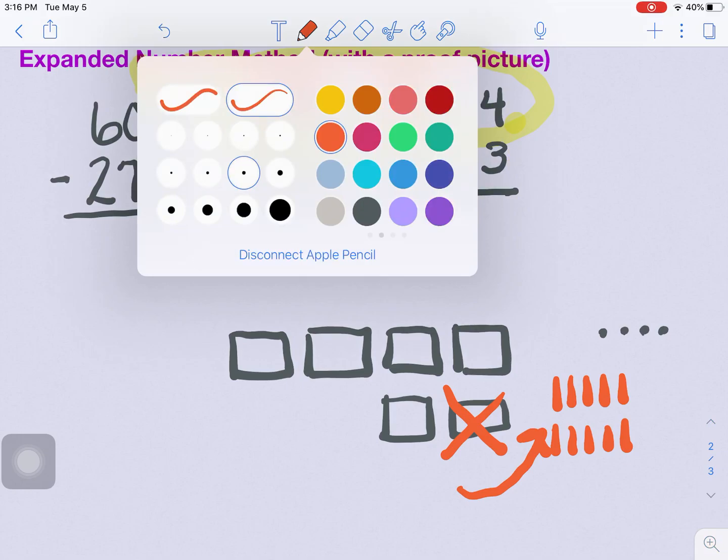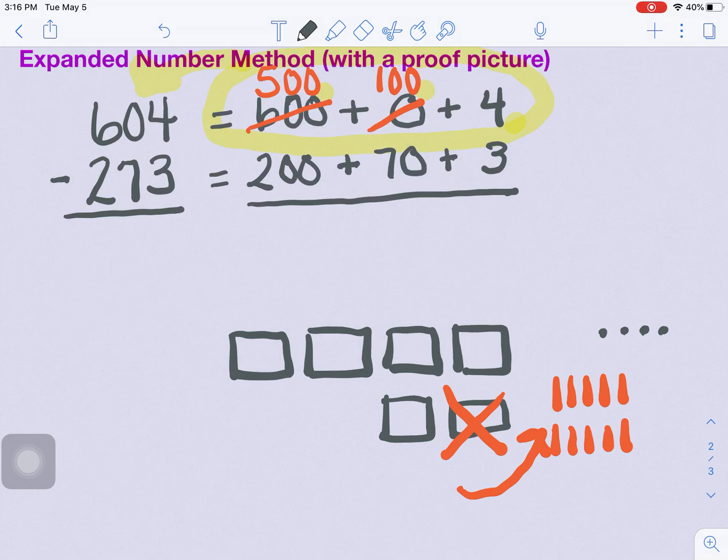Now I can start to do my subtracting. I have 4 ones and I'm going to take away 3 ones. Now I have 1 one. I have 10 tens worth 100, and I'm going to take away 7 tens worth 70.